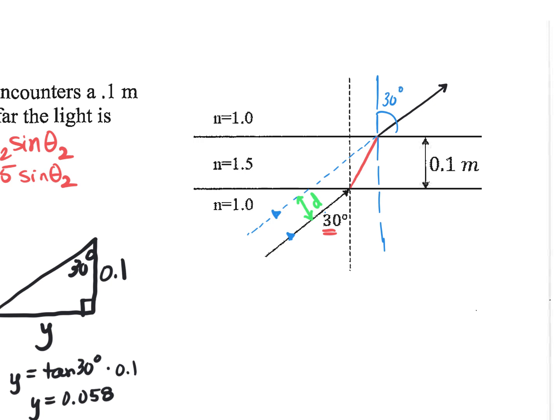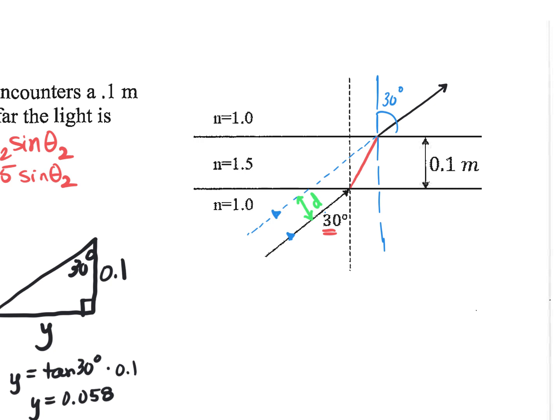Okay, that does make sense. Well, I mean, it looks like 45 in the picture, but, you know, there's no accounting for art. It is 30. The picture is not to scale.